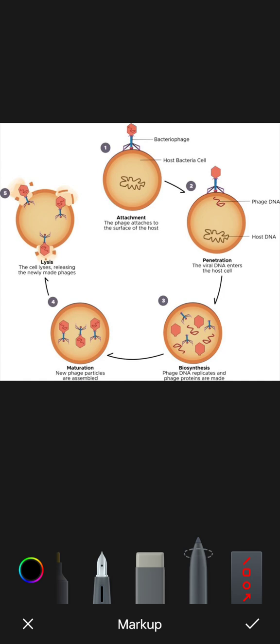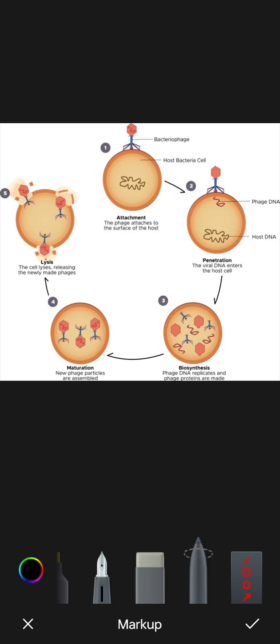So the Lytic cycle's first step is attachment or adsorption. Bacteriophage have tail fibers, which are basically six in number.